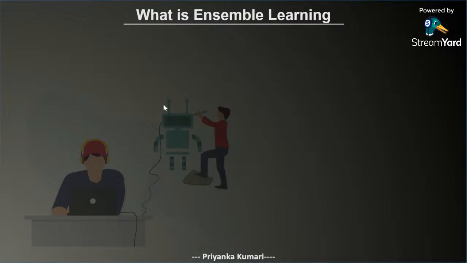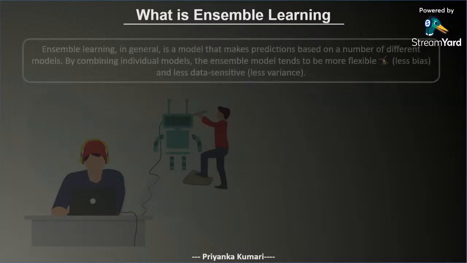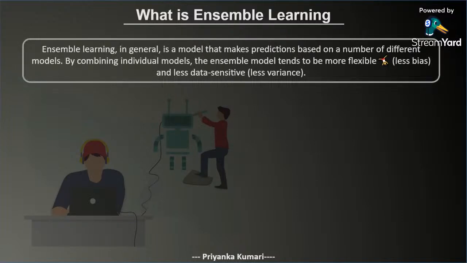Then let us move to the random forest. As the term suggests, you would be familiar that random forest is a combination of different decision trees. Before moving to random forest, it is important to learn about ensemble learning. So basically, what is ensemble learning? Ensemble learning in general is a model that makes predictions based on a number of different models.